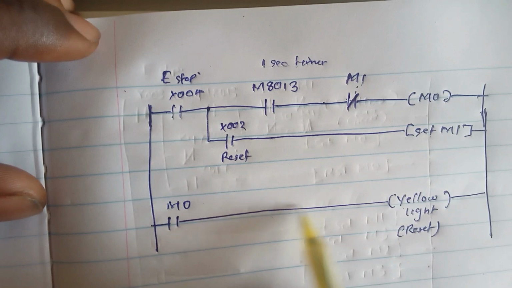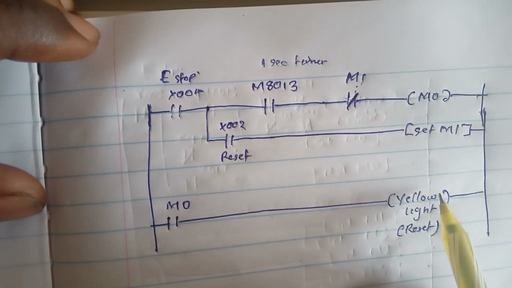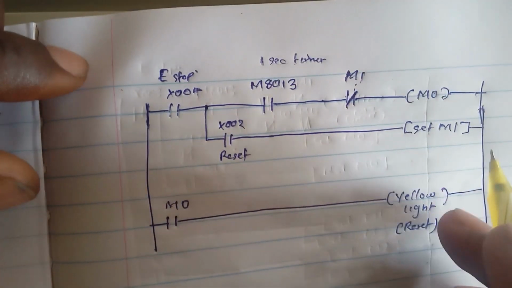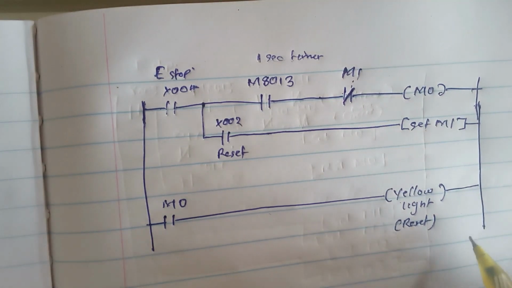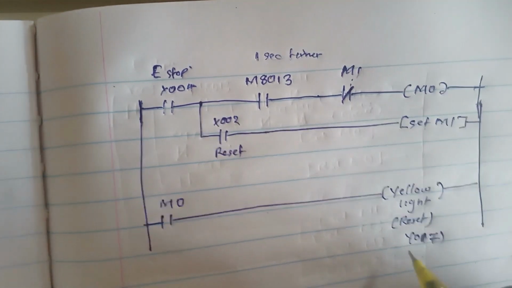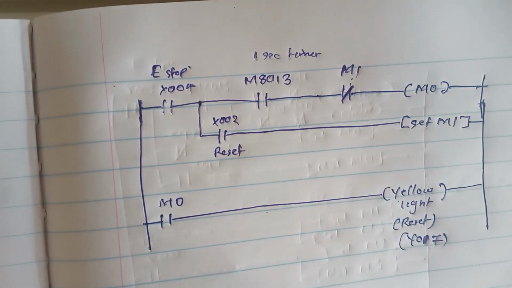And once M0 is true, the yellow light is on, blinks. The output of the yellow light is Y00, not Y00 but Y17. This is the I/O to which the yellow light or the yellow bulb is connected.